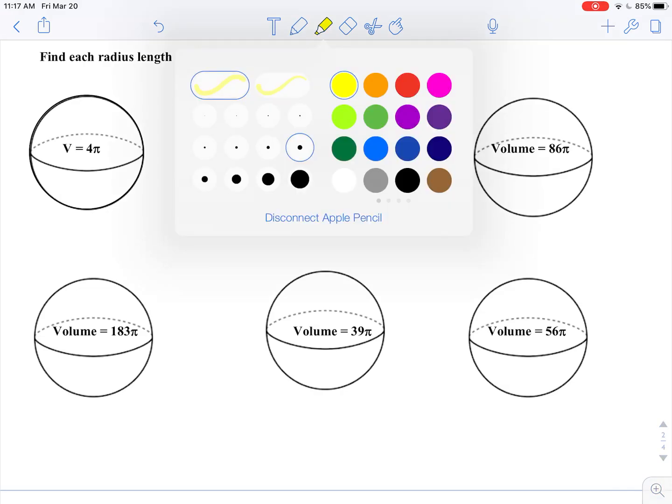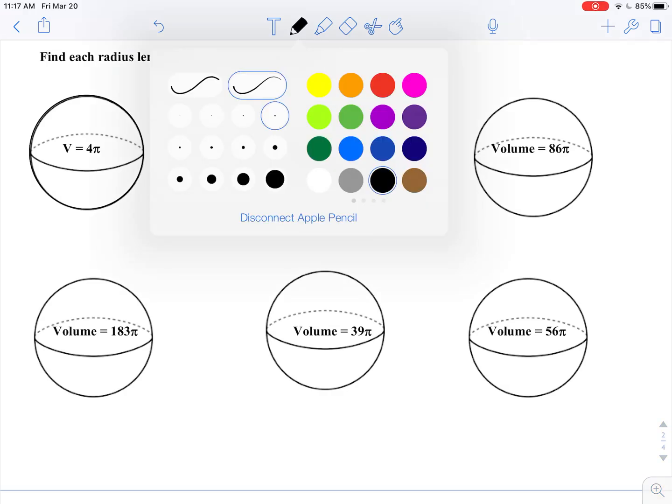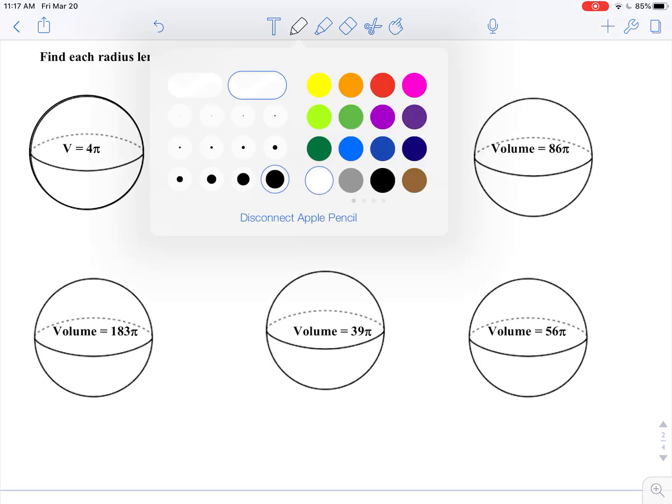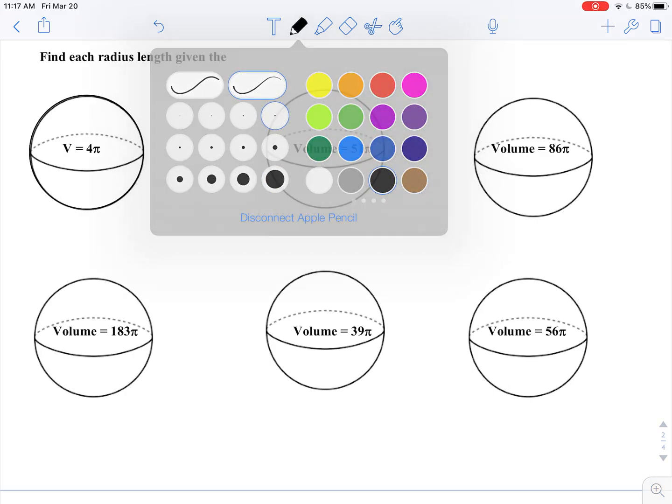So given the, and here's my typo for the day. Let's just make this, here we go.